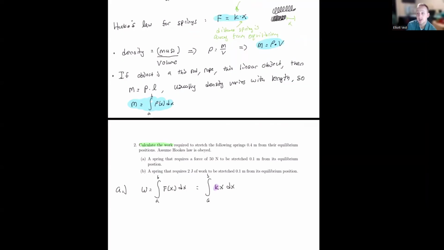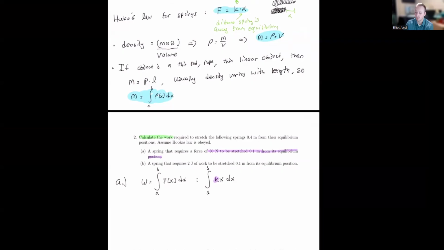Now, this problem does give us enough information to figure this out, because it says a spring that requires a force of 50 newtons to be stretched 0.1 meters from its equilibrium position. This information can tell us what our spring constant is, because we have a point of reference now.